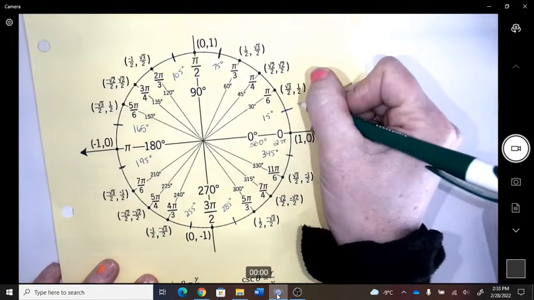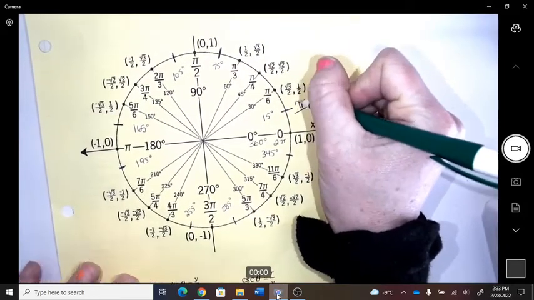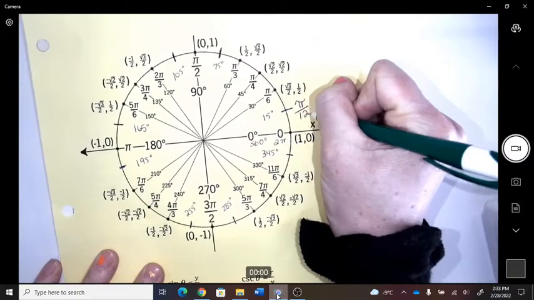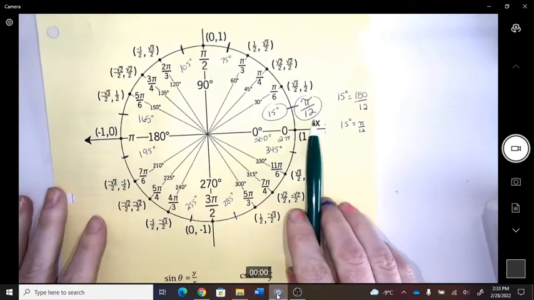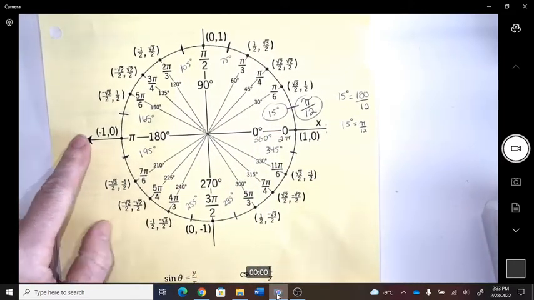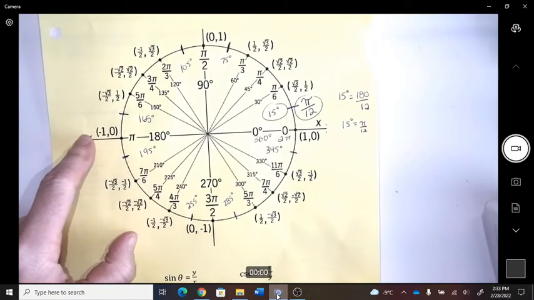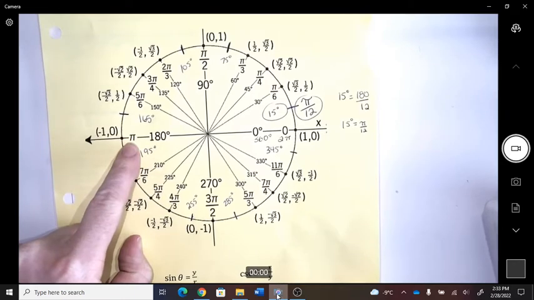Okay. We're not going to have coordinates on this, so I'm just going to write it on the outside. What is completely over here at the side? Pi.